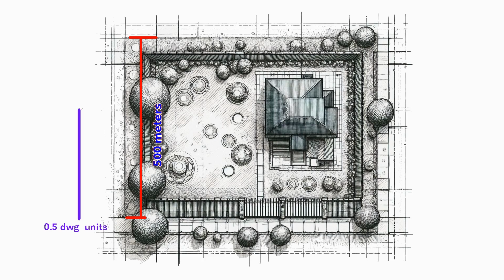First is a line of length of half drawing units. And second is a plot image. We know real-world distance between 2 points in the plot. If we align the image so that 2 points on the image coincide with the 2 endpoints of the line, whatever we trace with image as a background will be of known scale.